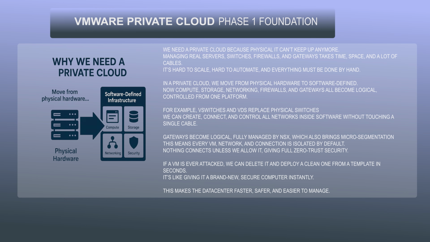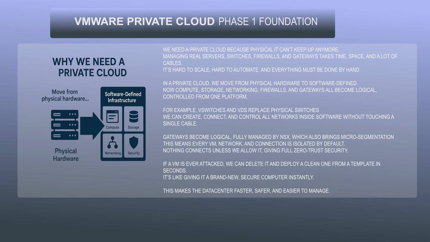For example, vSwitches and VDS replace physical switches. We can create, connect, and control all networks inside software without touching a single cable. Gateways become logical, fully managed by ESXi, which also brings micro-segmentation. This means every virtual machine, network, and connection is isolated by default.